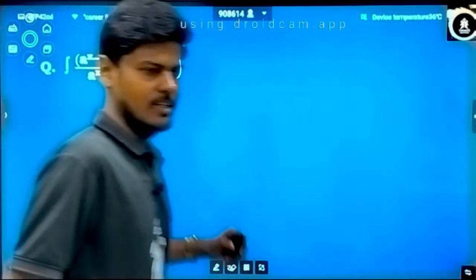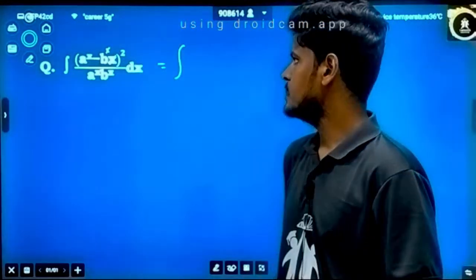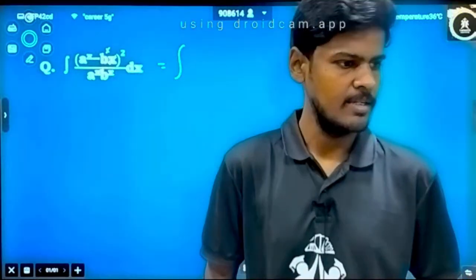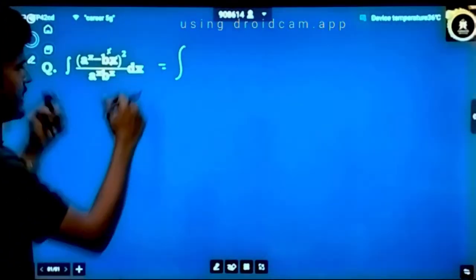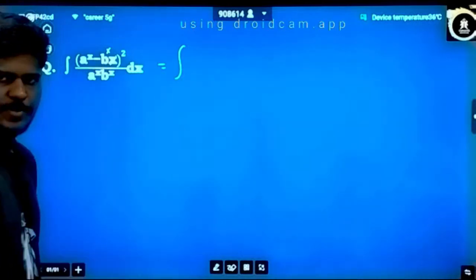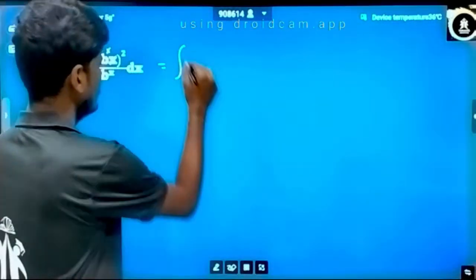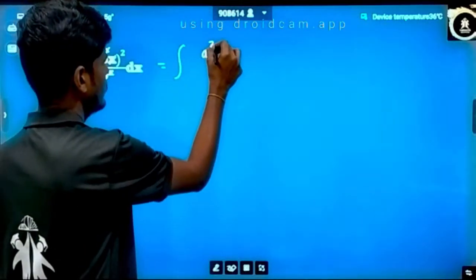Okay. Now we will see a power x minus b power x whole square divided by a power x b power x. First step is to expand this. What is the a minus b whole square? A square plus b square minus 2ab. That means we will get a power 2x.